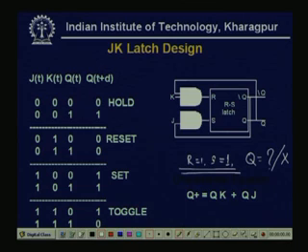See, here we have taken two inputs J and K, and that is fed to the AND gates. So, this is my J and this is my K input. Now, these two outputs of the AND gates are treated as the R input and the S input. So, now this becomes an RS latch.